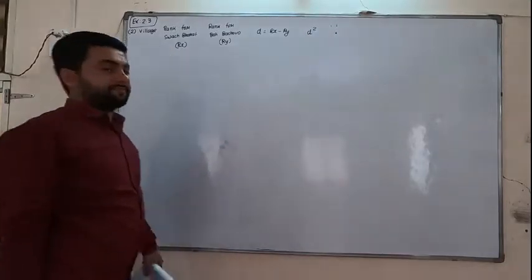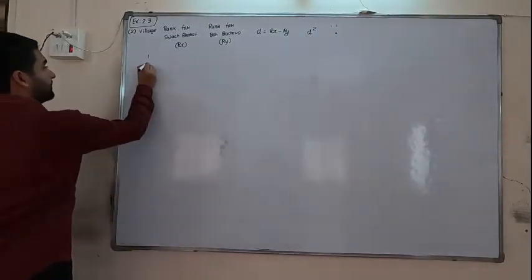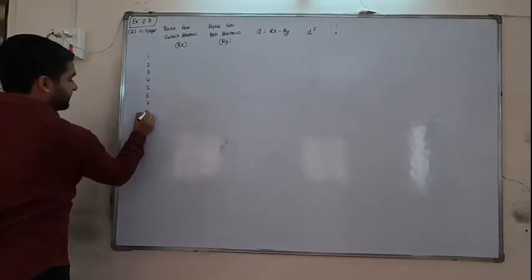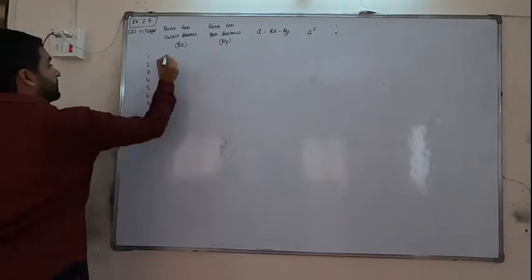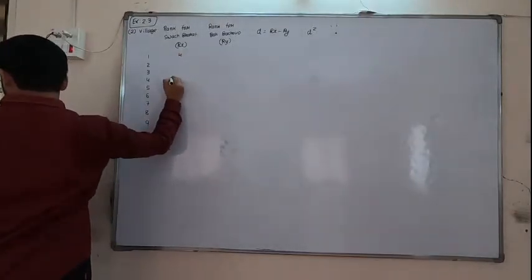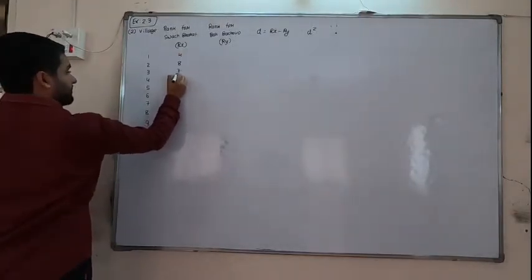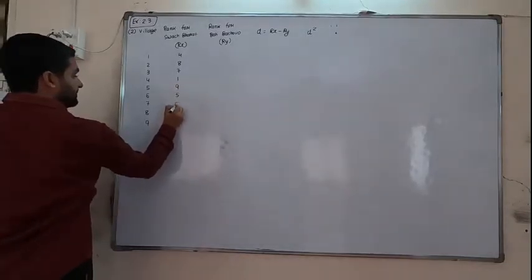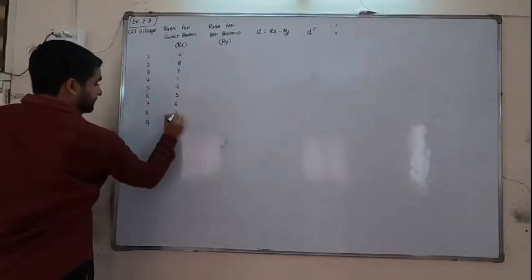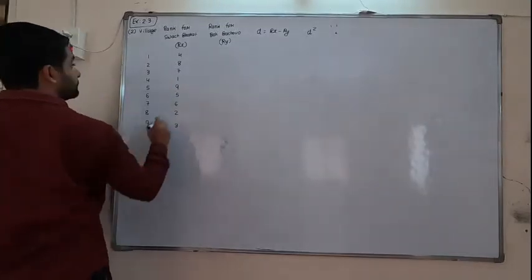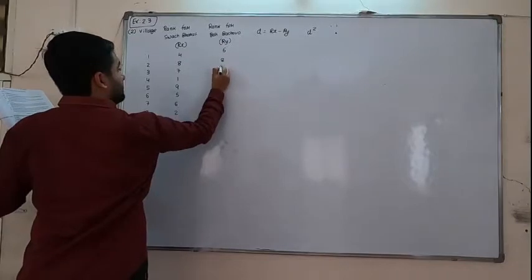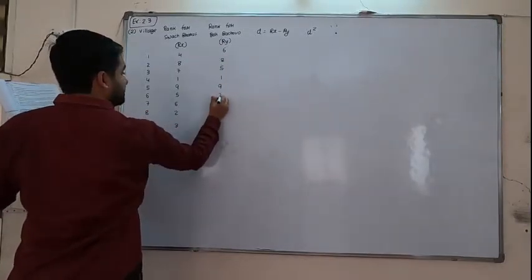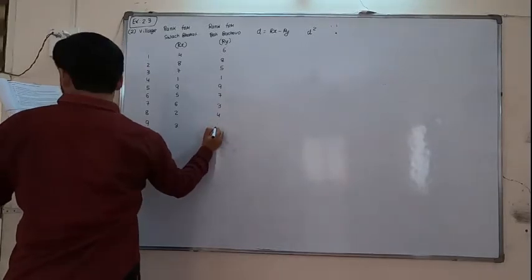Villages 1, 2, 3, 4, 5, 6, 7, 8, 9. Rx: 4, 8, 7, 1, 9, 5, 6, 2, 3. Ry: 6, 8, 5, 1, 9, 7, 3, 4.